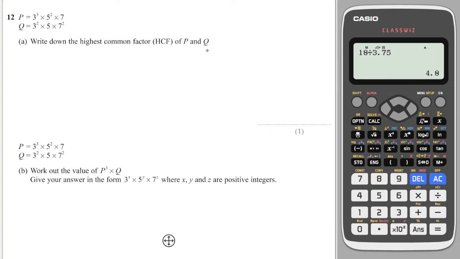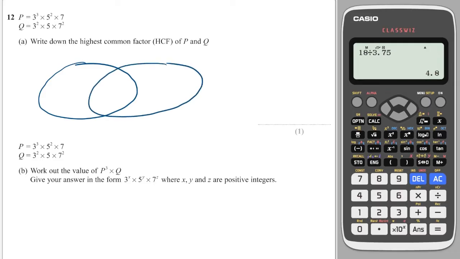Okay, next question. Work out the highest common factor. Well, I can do that by drawing a Venn diagram. And I can put what they share in the middle. So let's look at the 3's. They both have 3 to the 2, so that goes in the middle. And let's look at the 5's. They both have just a single 5, so that can go in the middle.